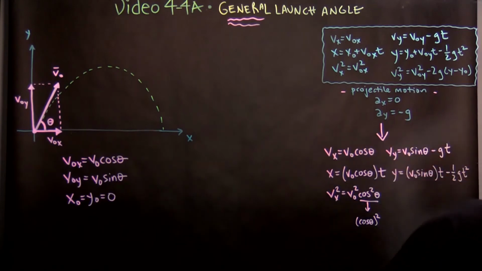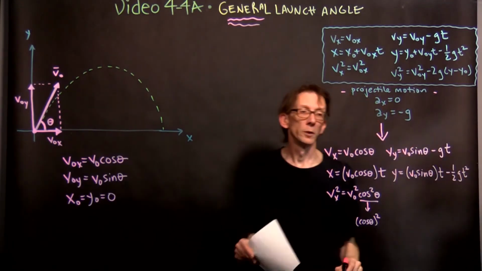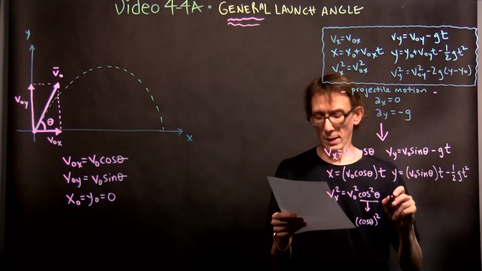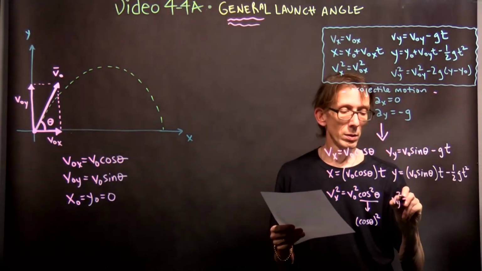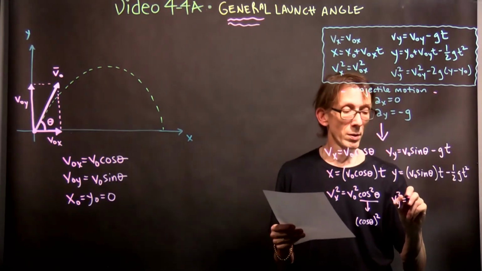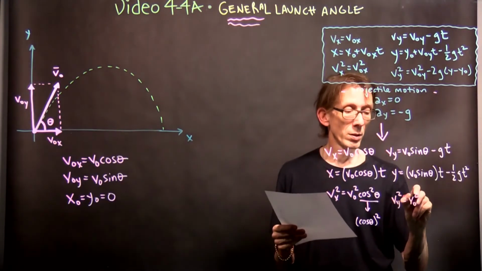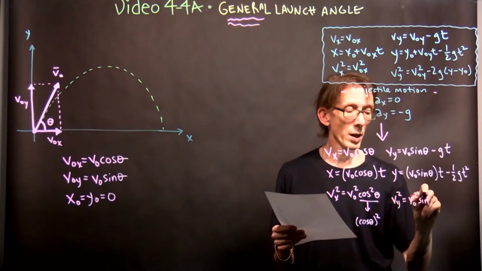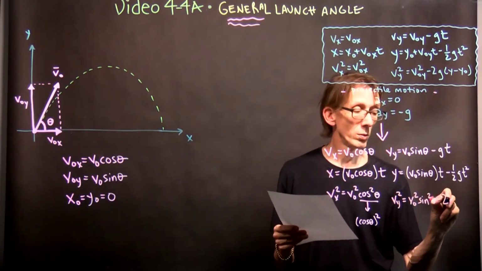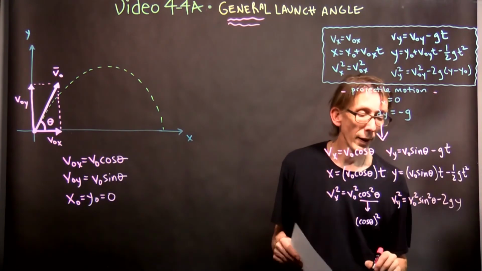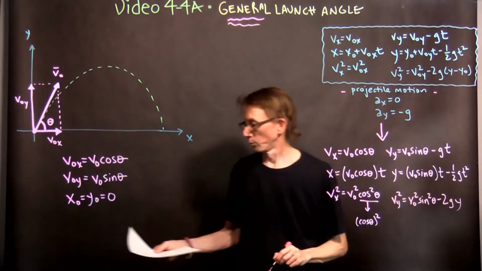Is that visible? Yes, of course it's visible. And finally, Vy squared equals V naught squared sine squared theta minus 2gy. Okay.